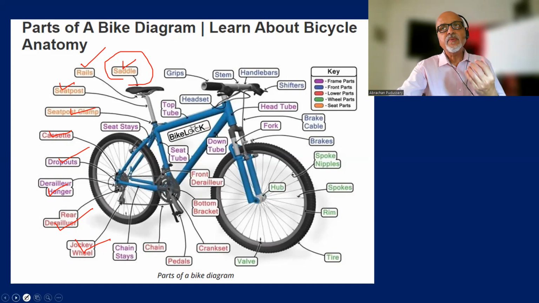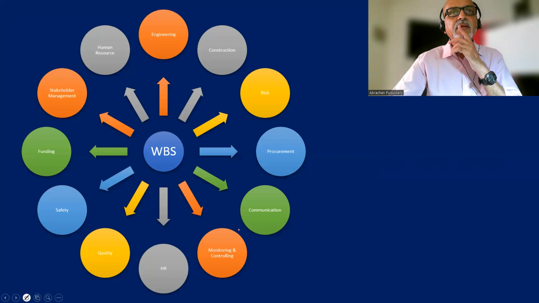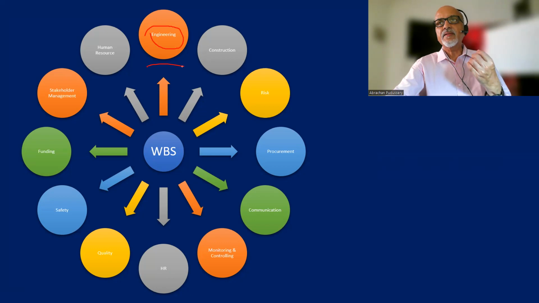Now let us see how we convert this into a work breakdown structure. The moment we get a product breakdown structure, or a PBS, that is the time to think about what all activities need to be performed to build those components. We have to think about the engineering required to build those components.